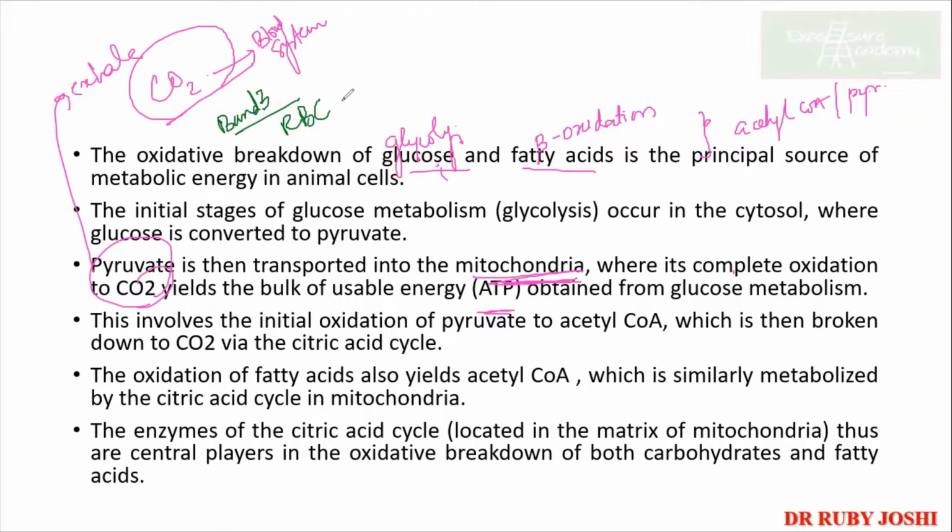There we said that CO2 will be taken and converted into bicarbonate with the help of the enzyme carbonic anhydrase. This same RBC will reach the lungs. Now in the lungs, this bicarbonate will again be converted into CO2 with the same enzyme carbonic anhydrase, and CO2 will be exhaled out.